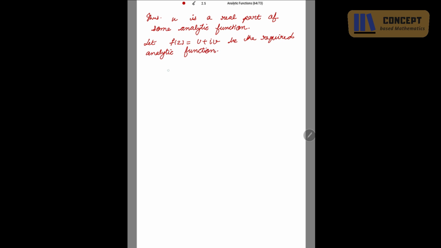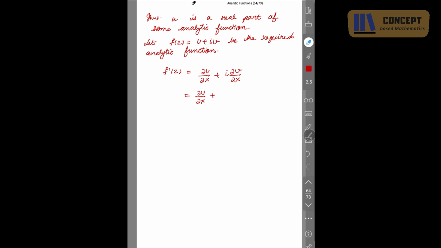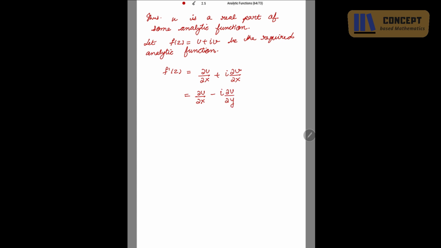Alright, now my f dash z is equal to, we know, del u over del x plus iota del v over del x. Since u is given, I should change this to minus iota del u over del y. You just have to learn this.